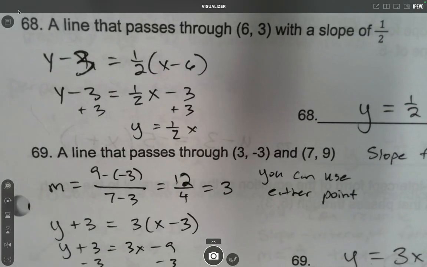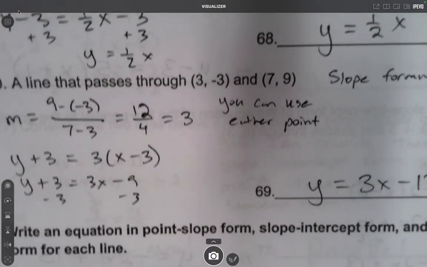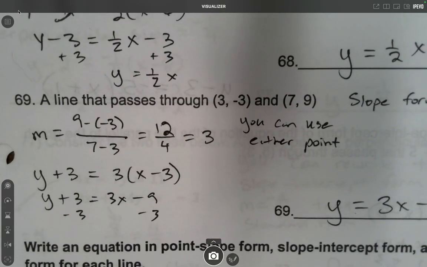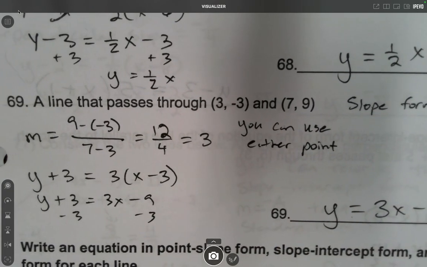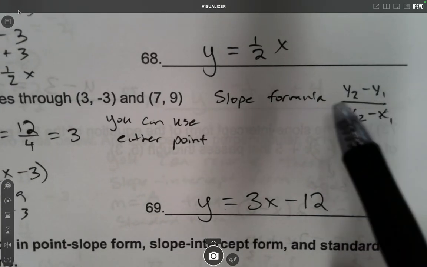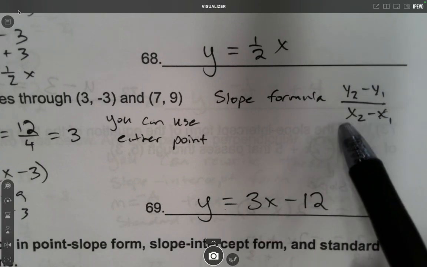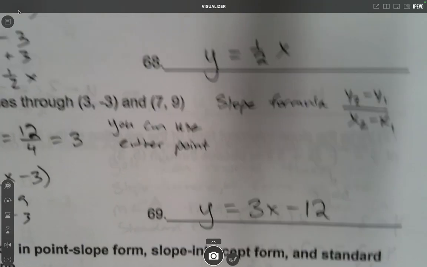Now what's different about 69 is they don't give us a slope, but we always have to have a slope to form a line. They give us 2 points, in which case we can use the slope formula, y2 minus y1 over x2 minus x1.